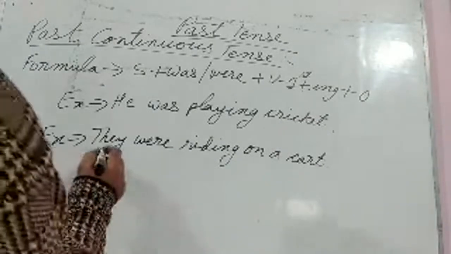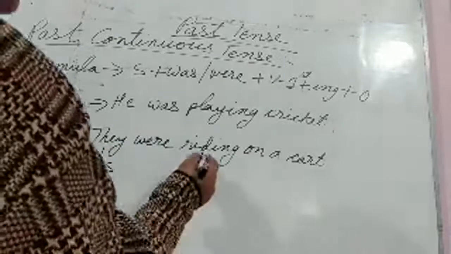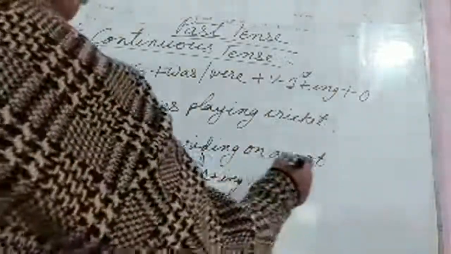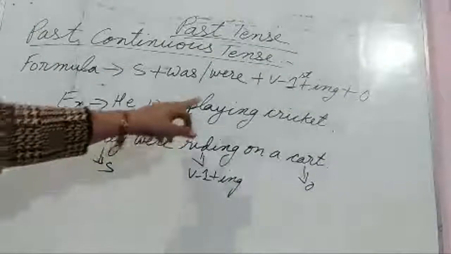Here, they is the subject. We are using were because the subject is plural. Riding is the verb of first form plus ing, and on a cart is the object. So the examples related to the past continuous tense are, first example, he was playing cricket.